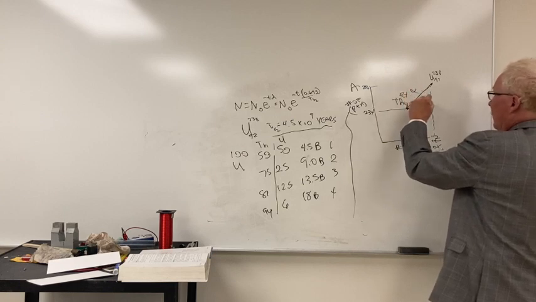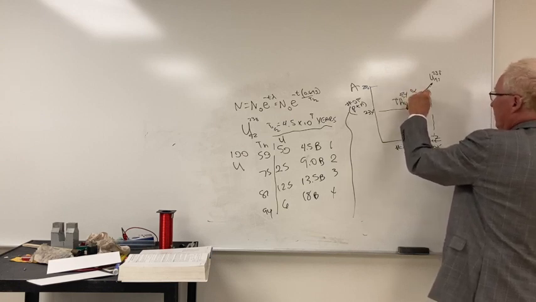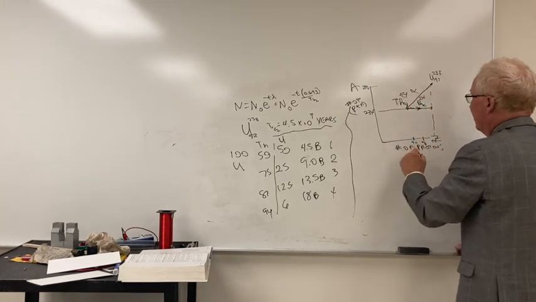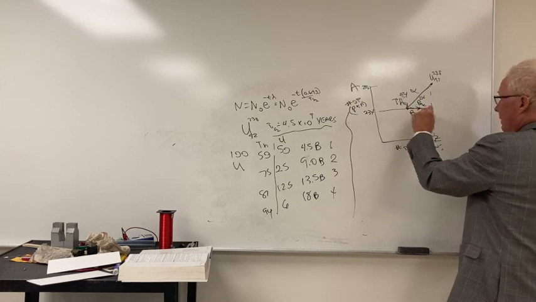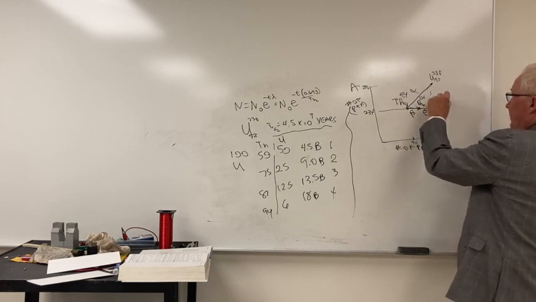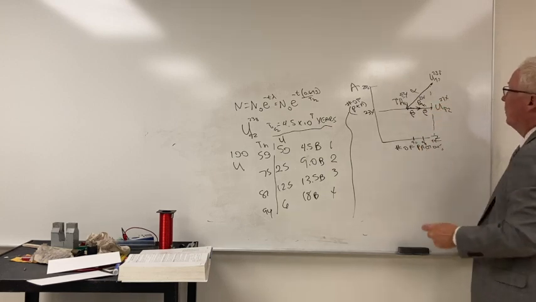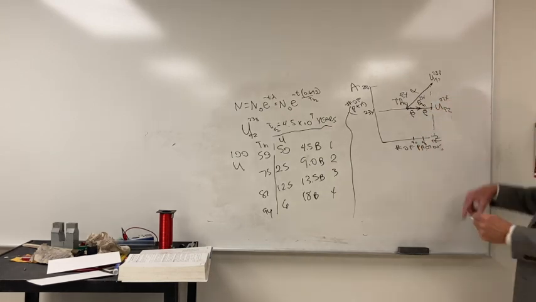So this is 91, 234, and then it decays again by beta decay to uranium-234, 92.